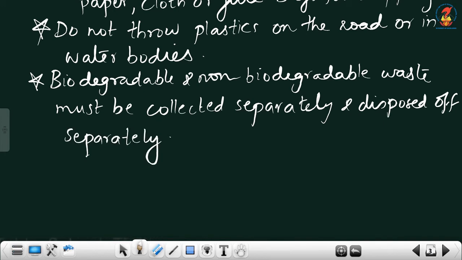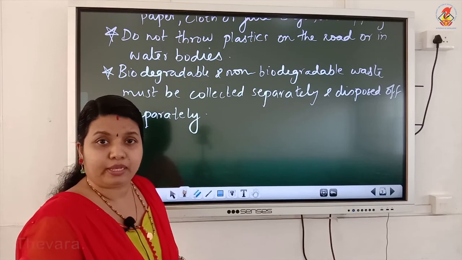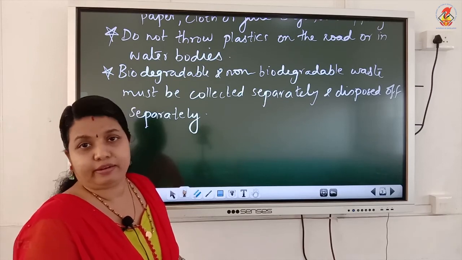So as a responsible citizen, it is our duty to collect biodegradable and non-biodegradable waste separately and dispose of them separately.